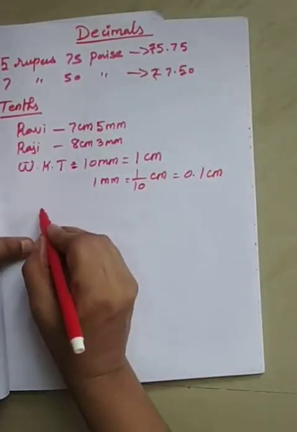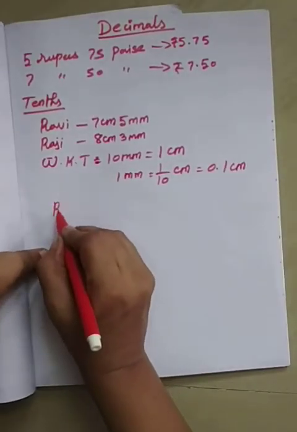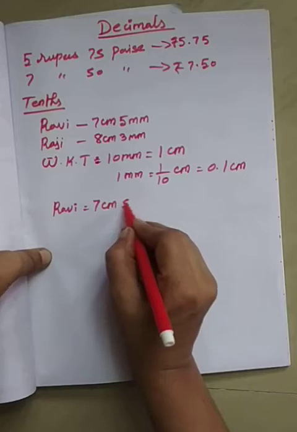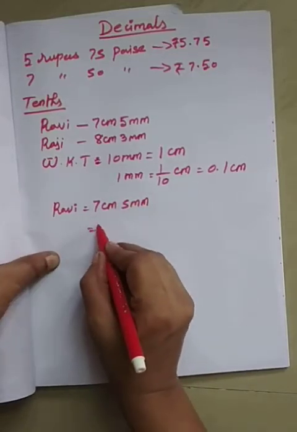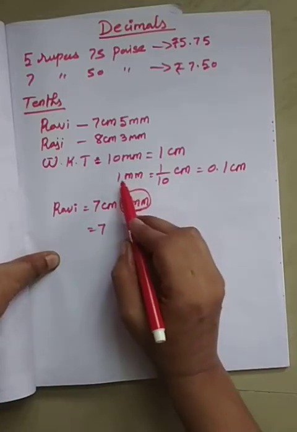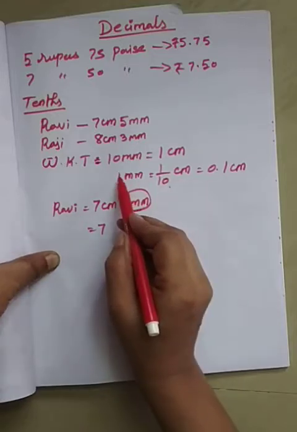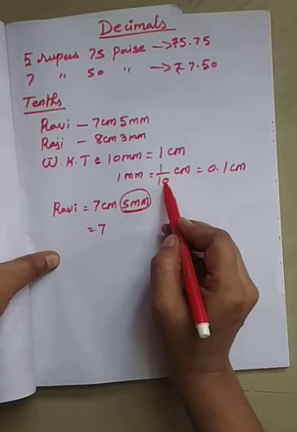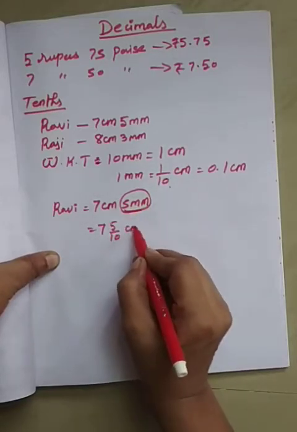Now, the length of Ravi's pencil, 7 centimeter 5 millimeter. How can you write this? 1 millimeter is equal to 1 by 10 centimeter, so 5 millimeter is equal to 5 by 10 centimeter.